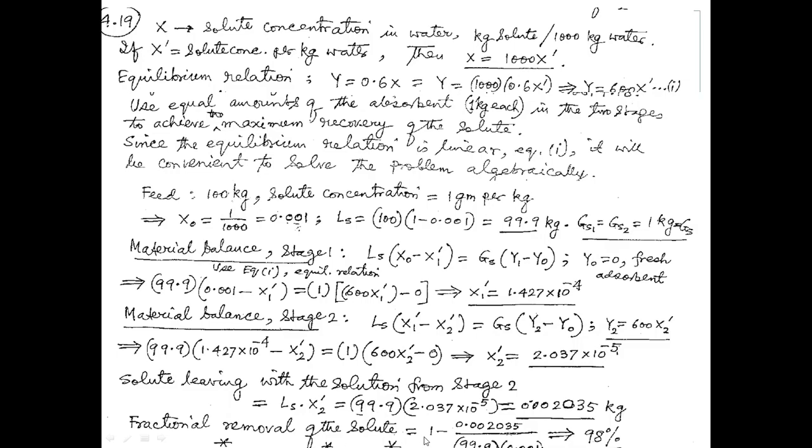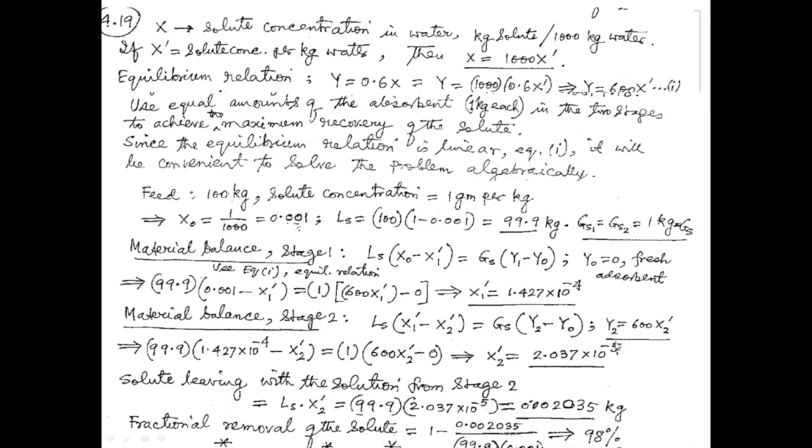So fractional removal equal to what? 1 minus this by total. What is this? 99 into 0.001, 99 point this into 0.001, this into 100, this corresponds to 90%.